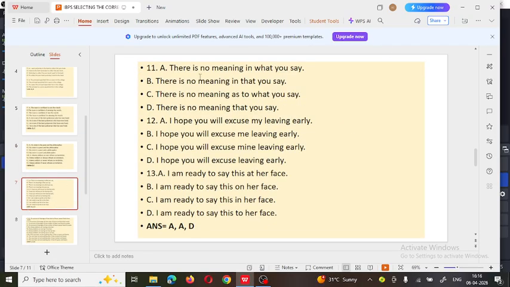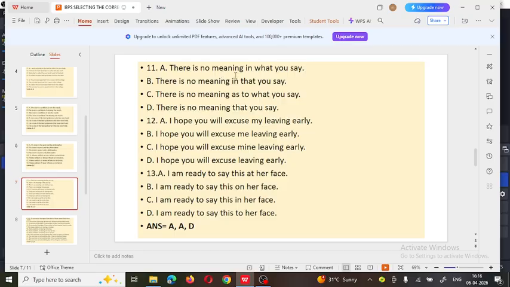Next, there is no meaning in what you say. There is no meaning in that you say. There is no meaning as to what you say. And there is no meaning what is that what you say. In options B, C and D, the construction of the sentence is not correct.